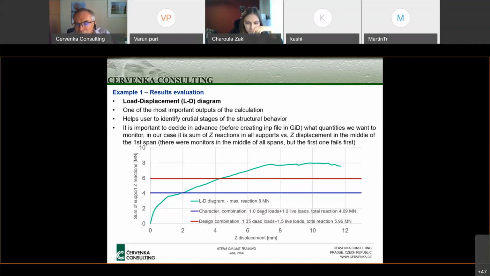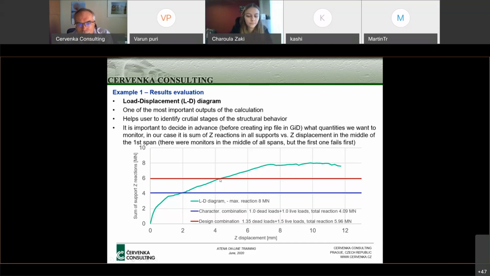So one-time permanent loads would be more accurate, and one-time live loads. Then we apply the difference to reach the design combination, which is the difference between 1 and 1.35 for the permanent loads, and the difference between 1 and 1.5 for the live loads.